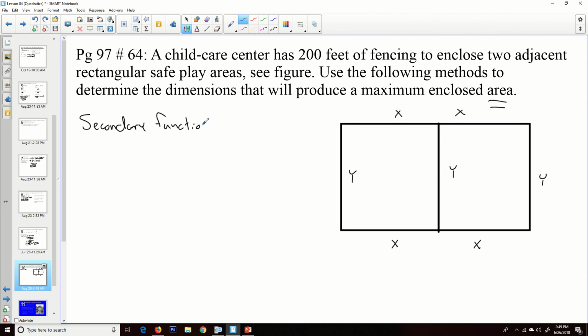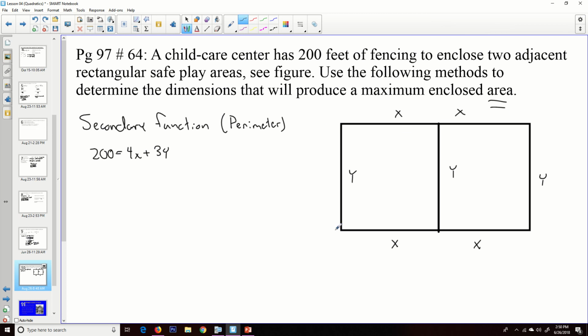And a secondary function can be a lot of things. In this particular case, it's perimeter. And so I can say that if I add all these up, the total perimeter, the 200 feet, will be equal to 1, 2, 3, 4x plus 1, 2, 3, 3y.